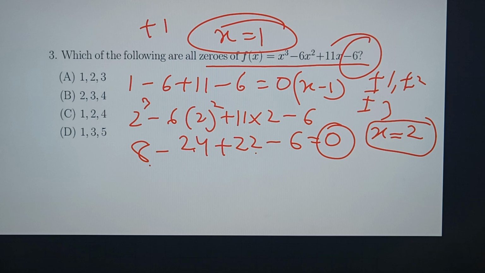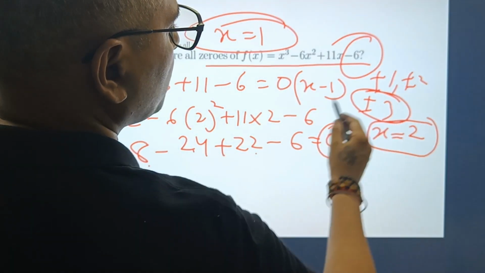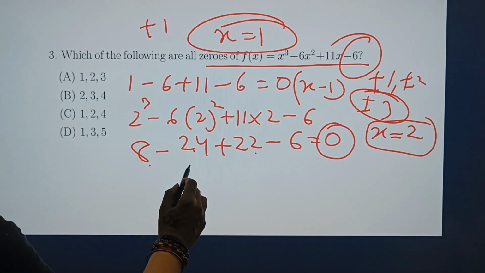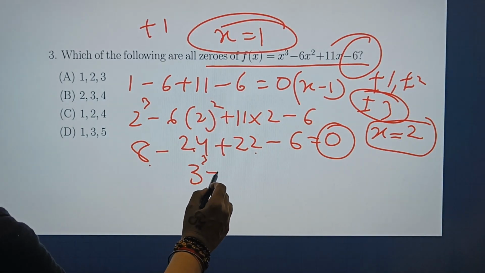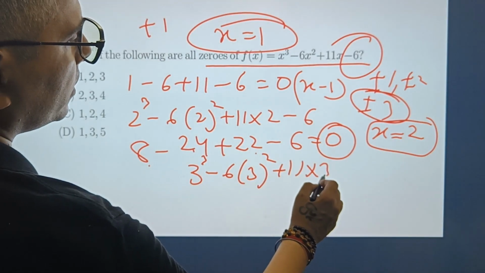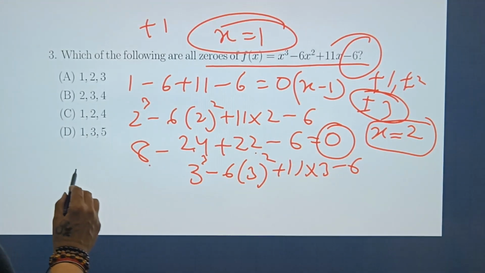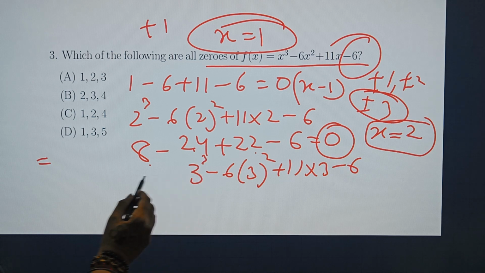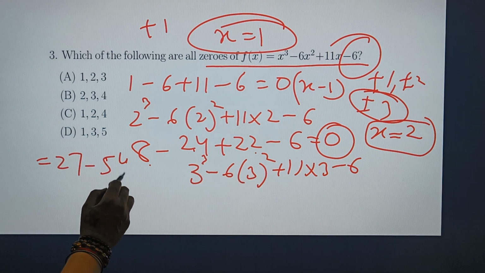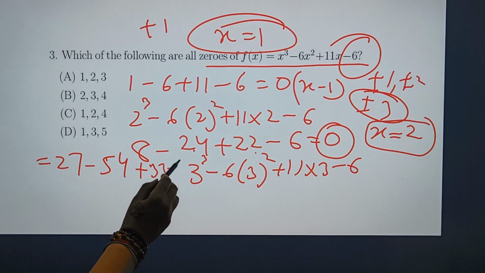Now another factor may come by substituting the third factor, plus 3. So let's substitute plus 3 here. We get 3 cube minus 6 into 3 square plus 11 into 3 minus 6, right? So 27 minus 54 plus 33 minus 6.